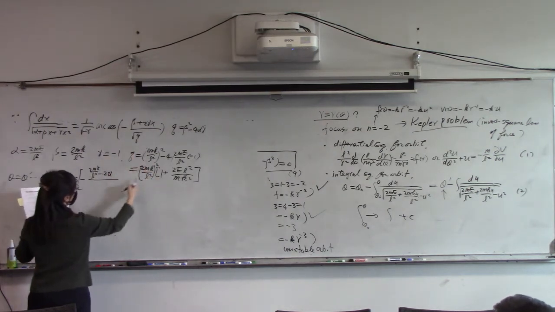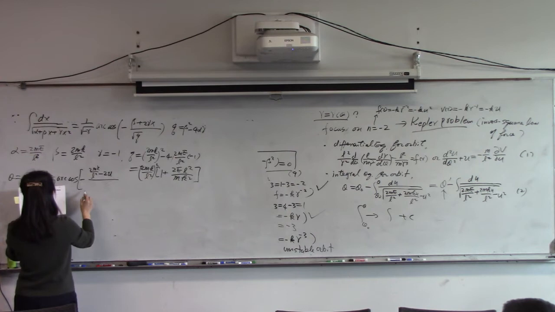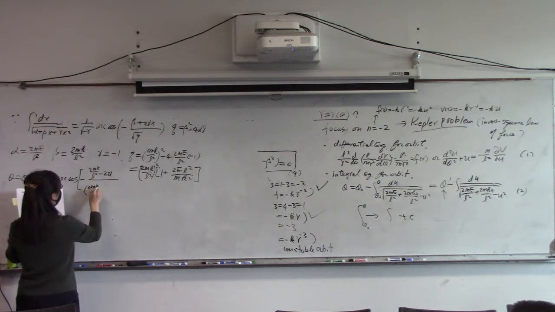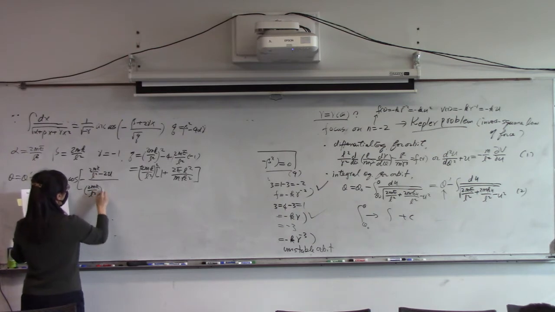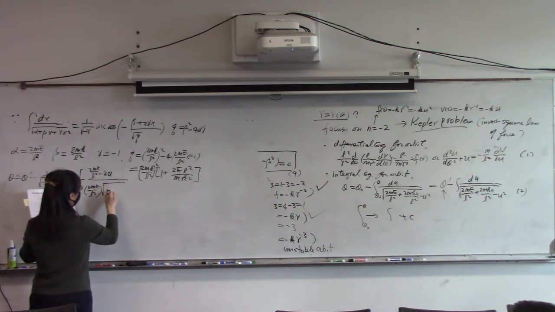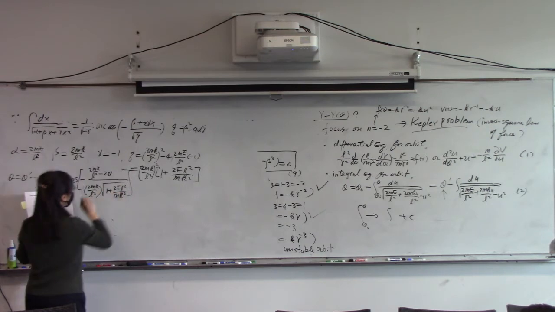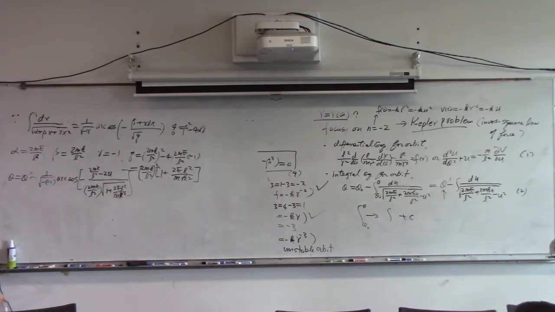The square root, then we have this 2mk over L squared, and inside the square root 1 plus 2E L squared over mk squared. This we do not vary, because minus became plus, so the square root of 1 is 1, right?